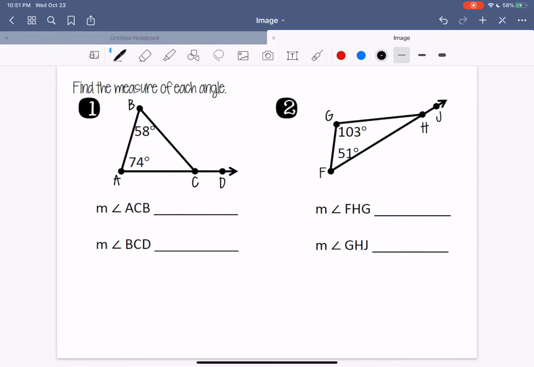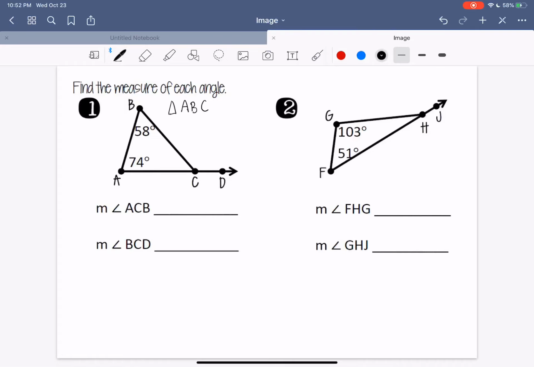And so here, let's have some practice. This says to find the measure of each angle. So this triangle is triangle ABC, but they're asking us to find the measure of angle ACB. When you're asked to find a certain angle, you might say, why didn't they just ask us for the measure of angle A or angle B?